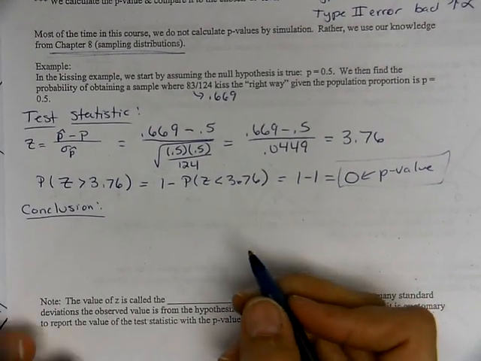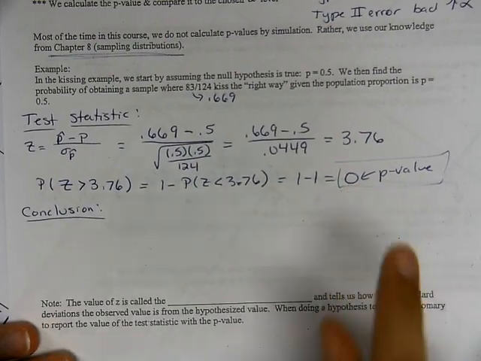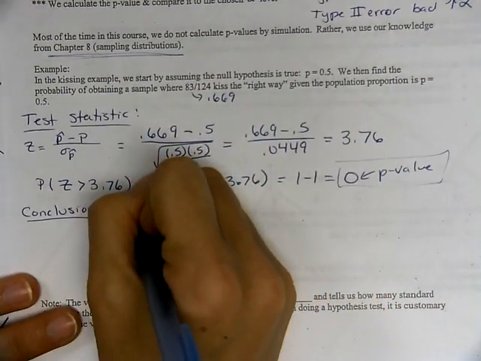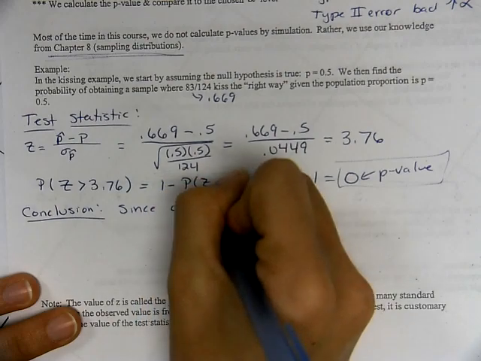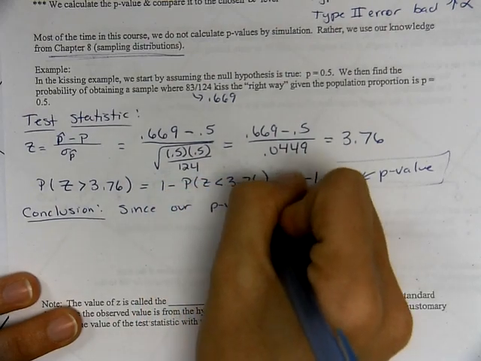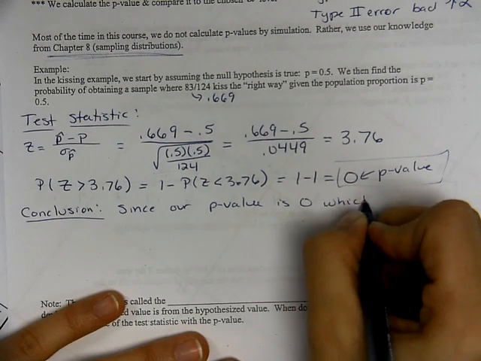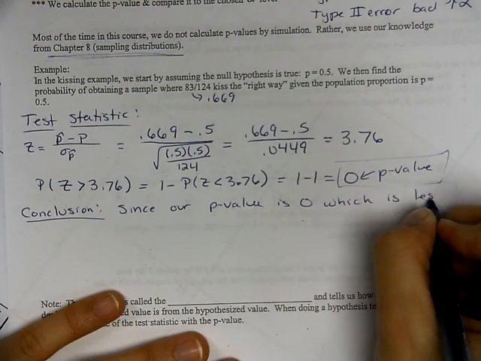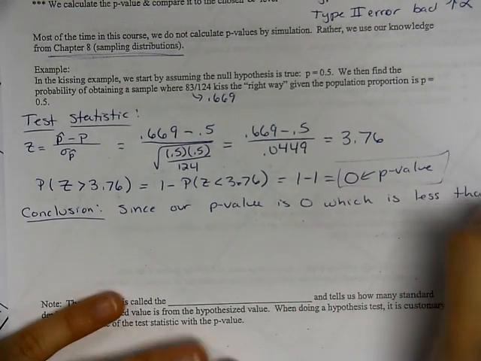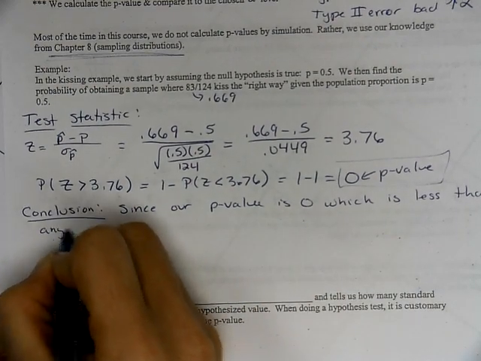So our first sentence: since the p-value is 0, which is less than any significance level.